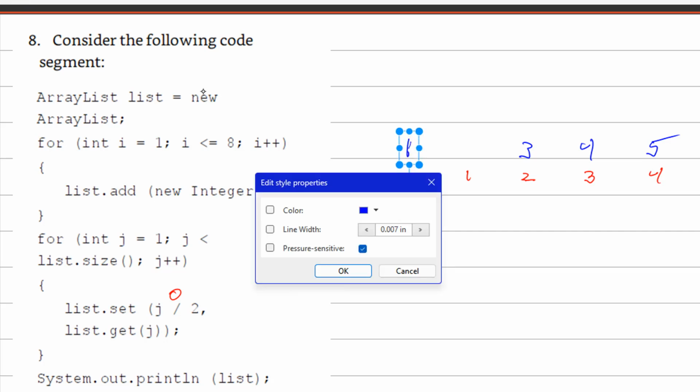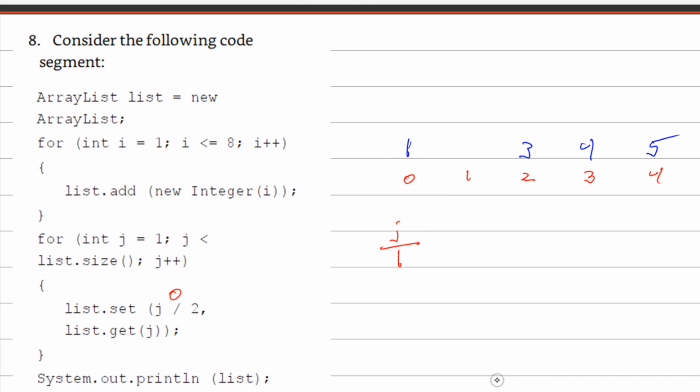So I get the 2 and I put it into the 0 position, and the 2 stays there. And then j goes up to 2 because it's j++. So 2 is still less than 8.